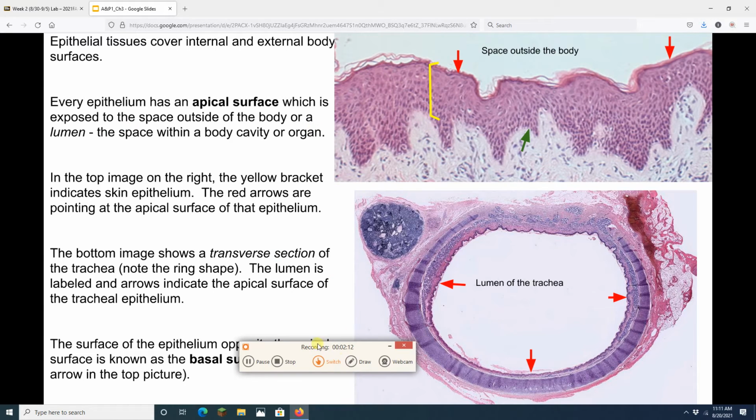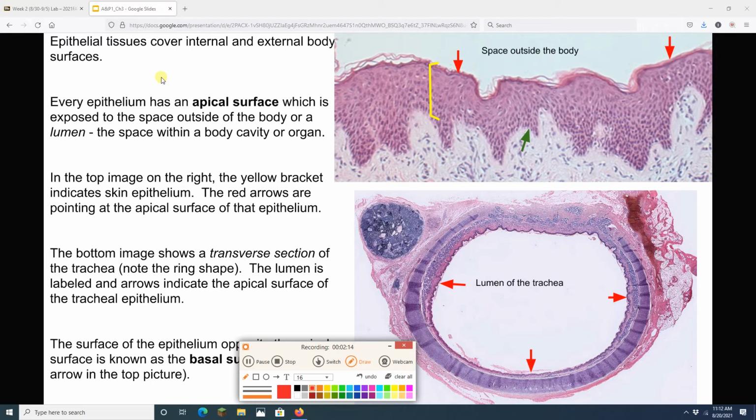Now, remember, epithelial tissues, well, what do they do? They are going to cover surfaces, internal and external surfaces, covering and lining. That was the definition that I gave you in lecture.